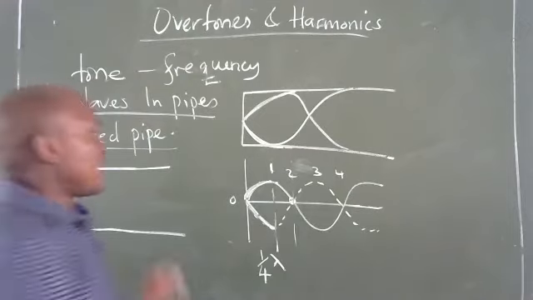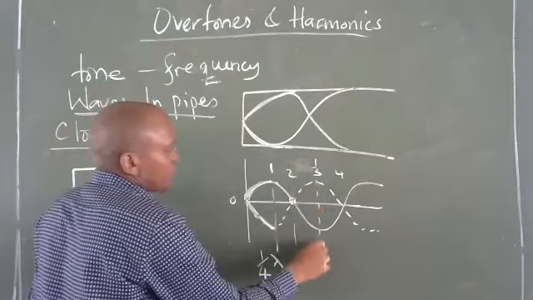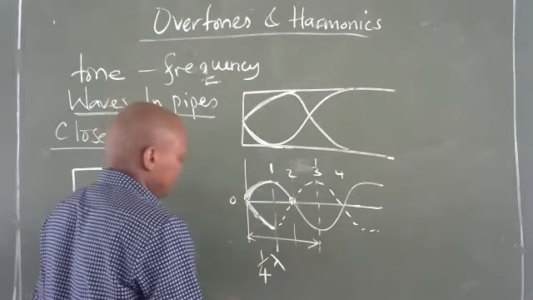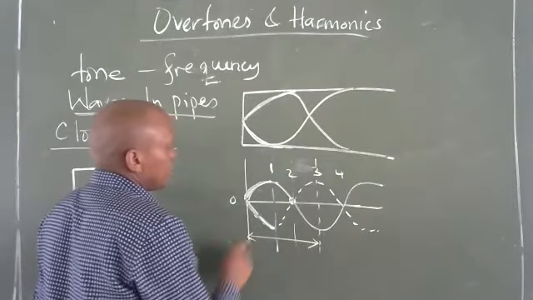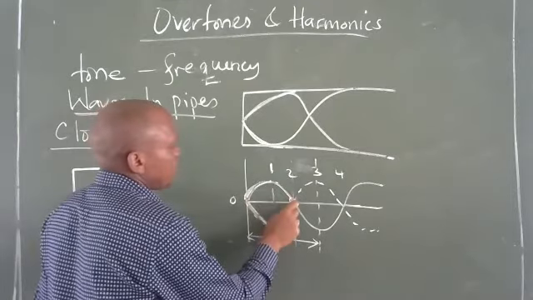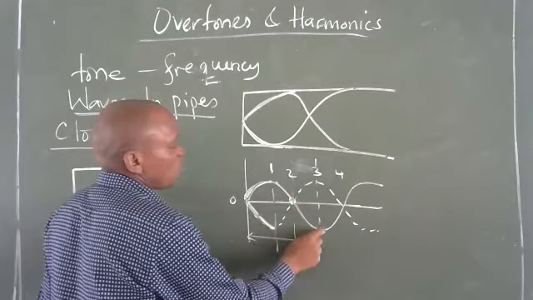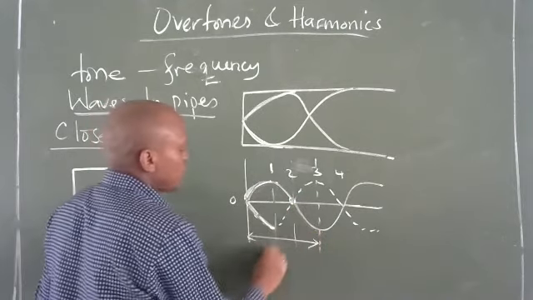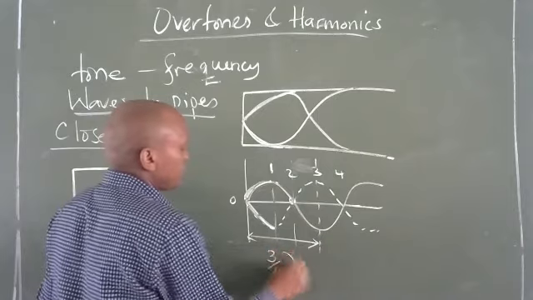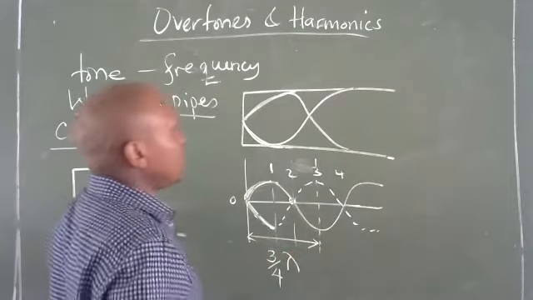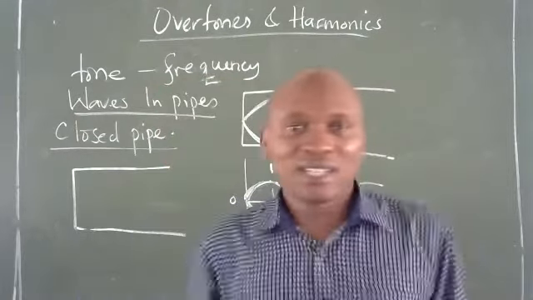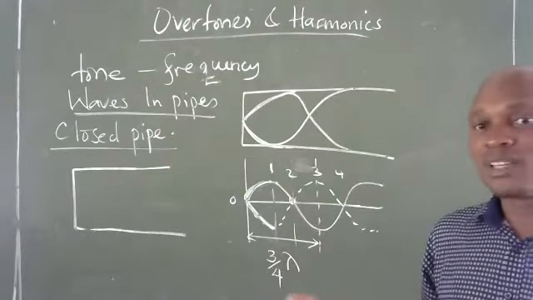So if it is 0 to 3, what is that wavelength? Let me see. This is half plus a quarter. So this is 3 quarters of a wavelength. Okay. Let me now show you how we shall use those wavelengths in our calculations.